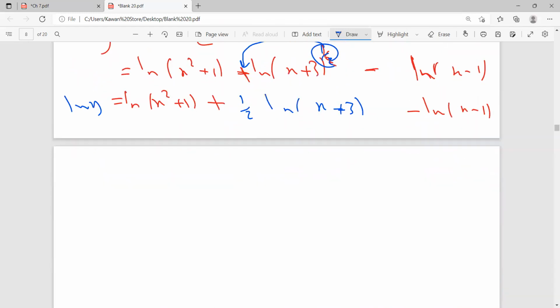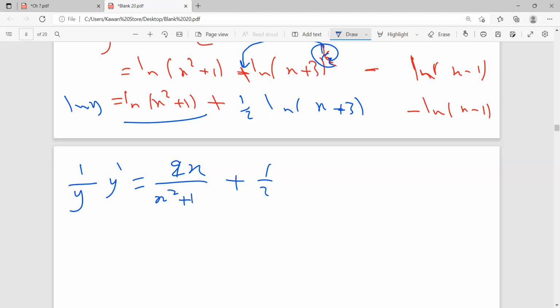So now y prime is equal to what? I say it is equal to 1 over y times y prime. Am I right? Why? Because it's an implicit function. Now the derivative of here is equal to what? To 2x over x squared plus 1. Easy. How about the second derivative? Right?